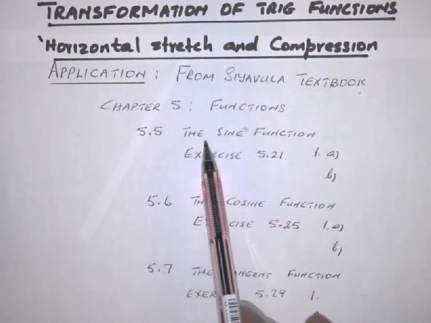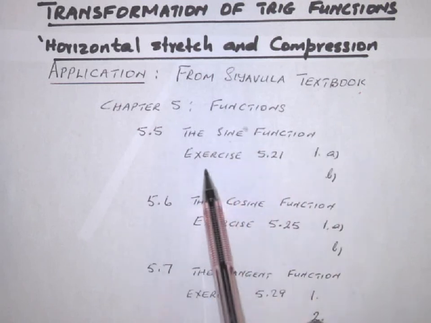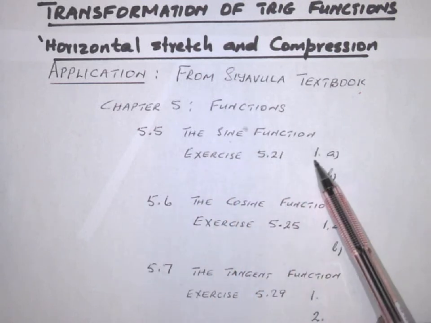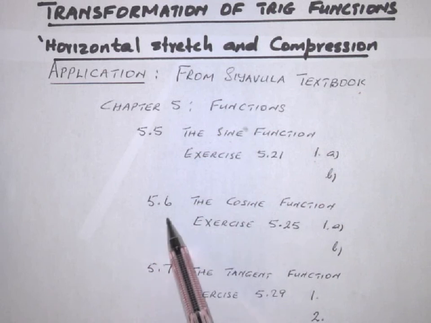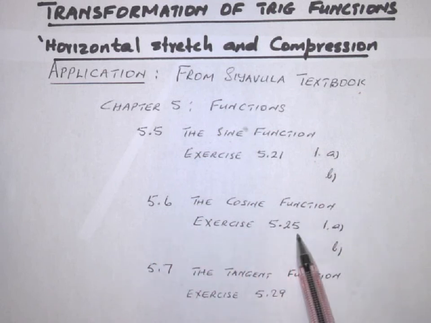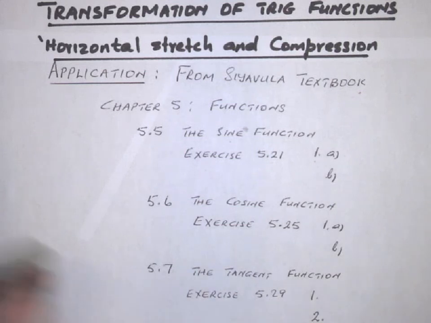For 5.5, the sine function, exercise 5.21, question 1, you do A and B. For 5.6, the cosine function, exercise 5.25, question 1, you do A and B. Then 5.7, the tangent function, exercise 5.29, you only do 1 and 2. I hope this helps. It should be easy for you to do.